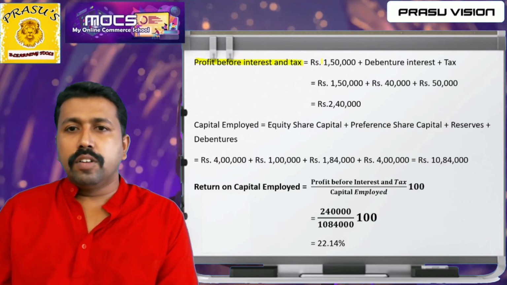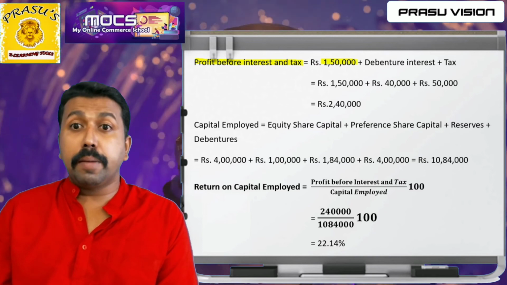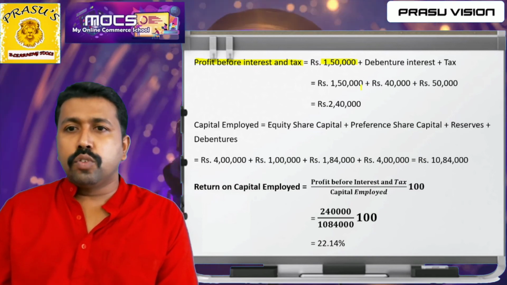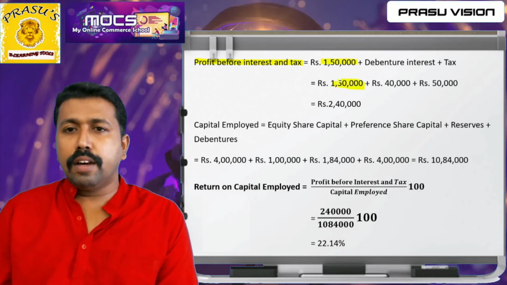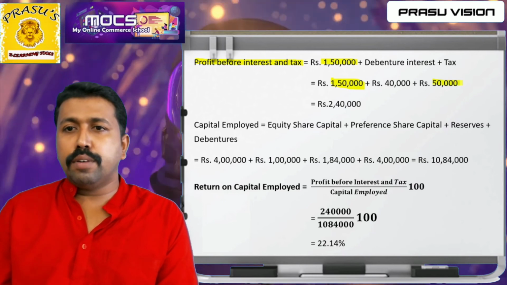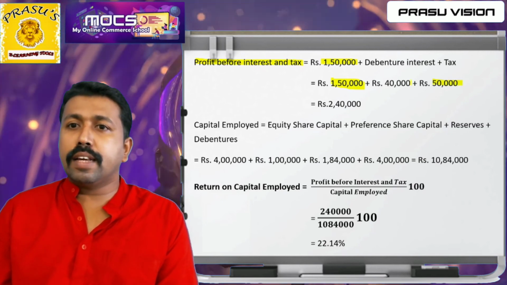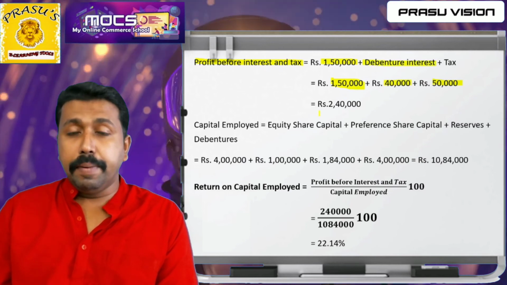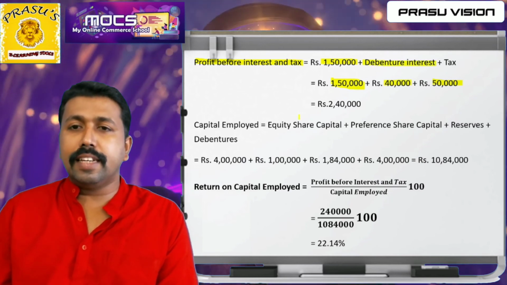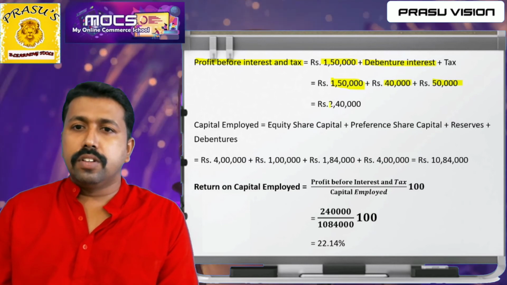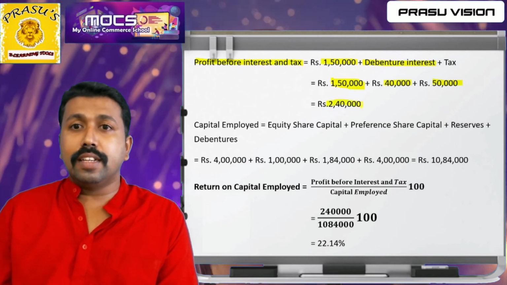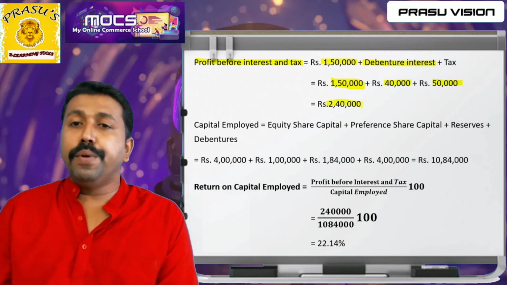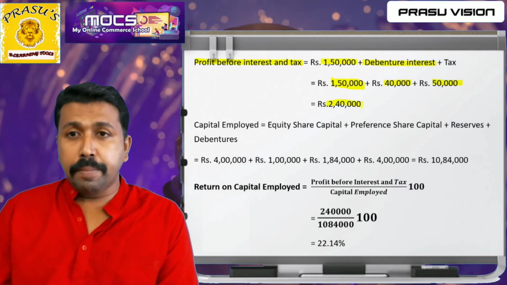Already given, 1,50,000 as the amount of net profit after tax. So we have to add 1,50,000 plus 50,000, the tax. How does the 40,000 come? That is the debenture interest. The debenture amount is there with the percentage, we have to find out the interest. So total 2,40,000 is the amount of money before giving the interest to the debenture and the tax to the government.